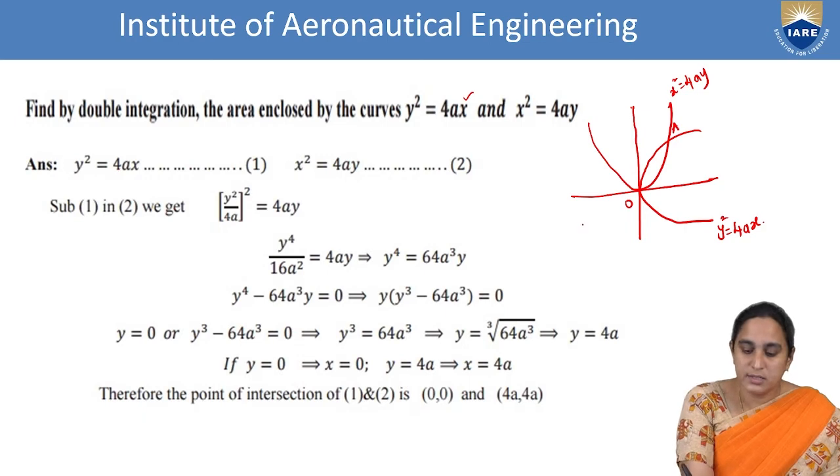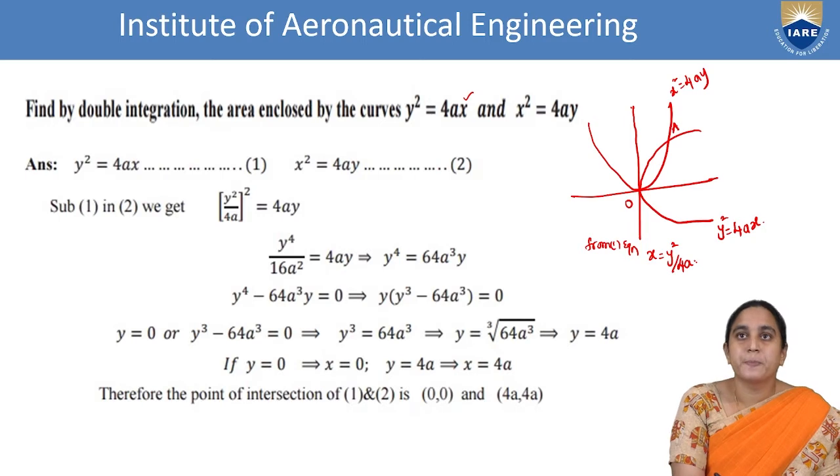From the first equation, x is equal to y square by 4a. I am substituting this in the second equation, in place of x, y square by 4a. That is y square by 4a whole square is equal to 4ay.